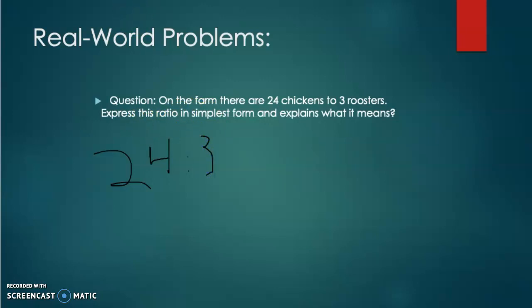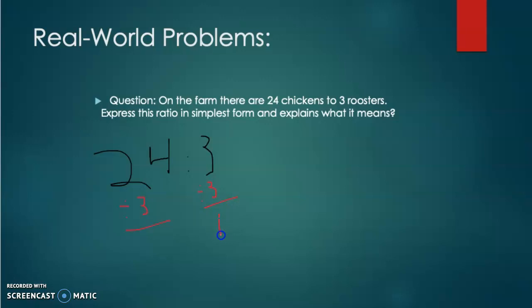Now we're going to do this one together only because we are struggling with simplest form. Remember, when I say simplify, I want you to write this in the lowest values possible. So what can I divide both of these numbers by? 3. I can divide this by 3. Just like on the other sides where we were multiplying to find equivalent ratios, sometimes you can do that by using division.